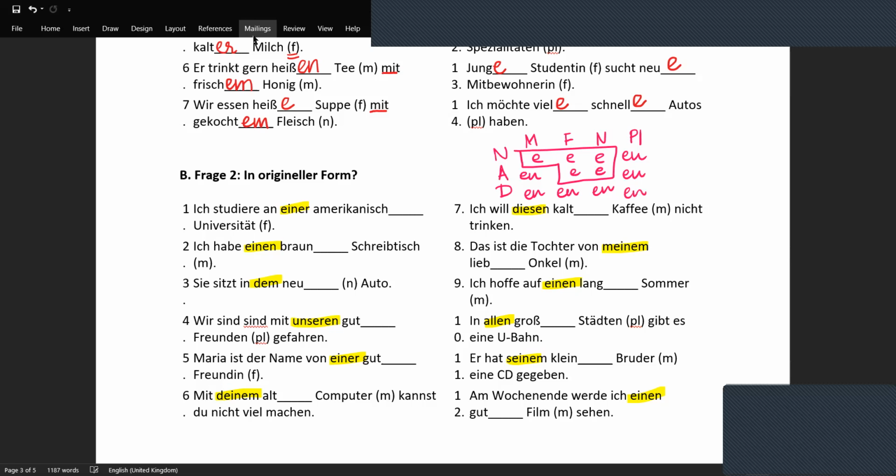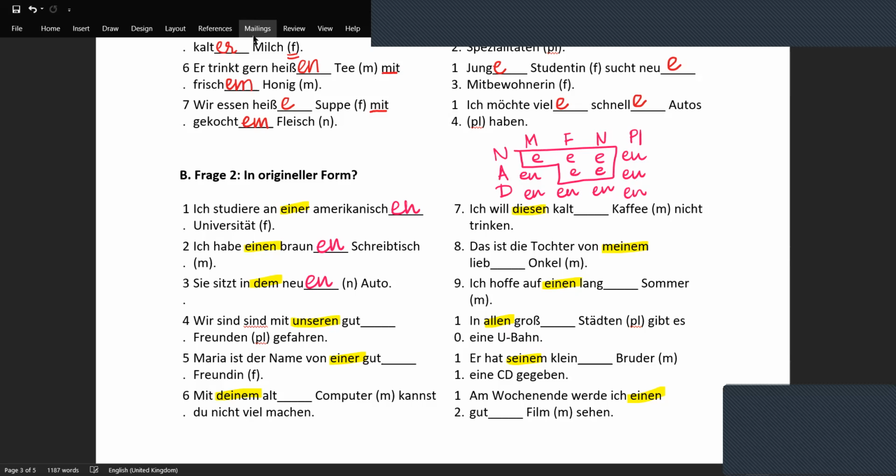Okay. So, einer, dative feminine article, ending will be en. Einen, accusative masculine, en. Dem, dative. Now, this could be neutral or masculine, but it doesn't matter because it's telling us the case. So, we'll go with that.